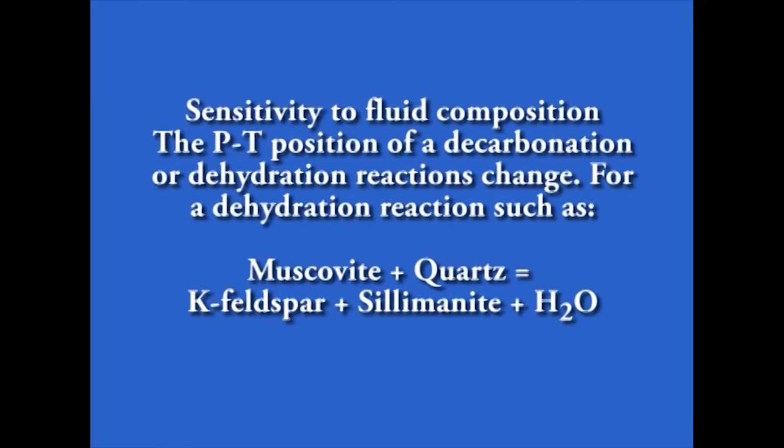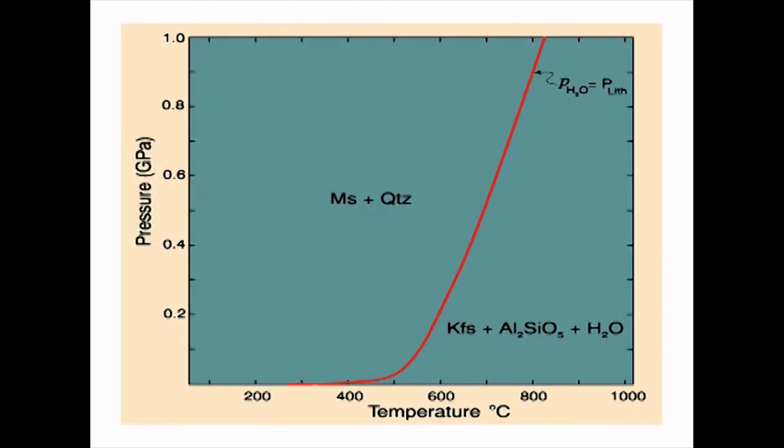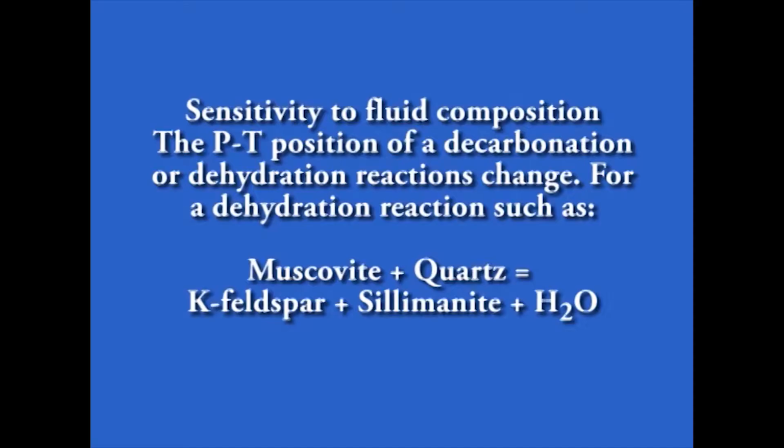Sensitivity to fluid composition. The PT position of a decarbonation or dehydration reaction changes with fluid composition, for a dehydration reaction such as muscovite plus quartz giving rise to potash feldspar plus sillimanite plus water.